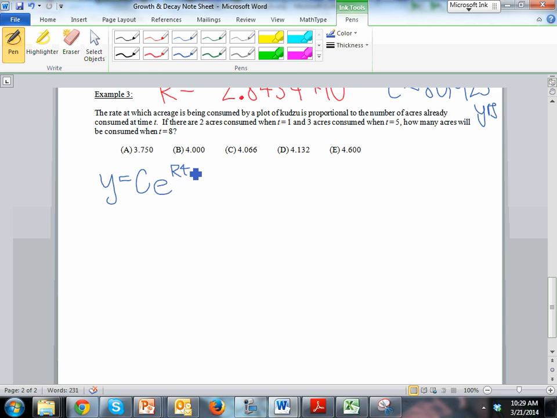However, we do have 2 acres consumed when t equals 1. And 3 acres are consumed when t is 5.